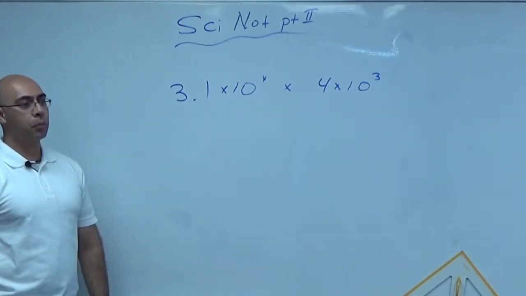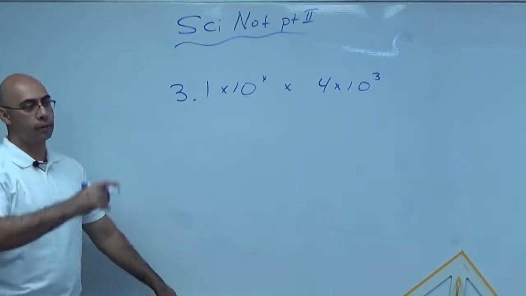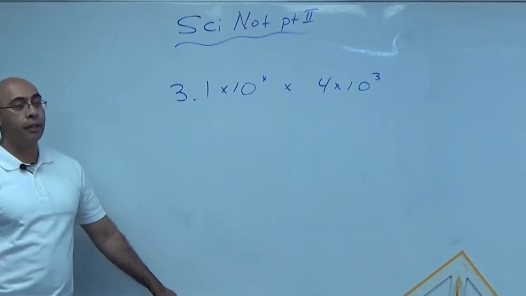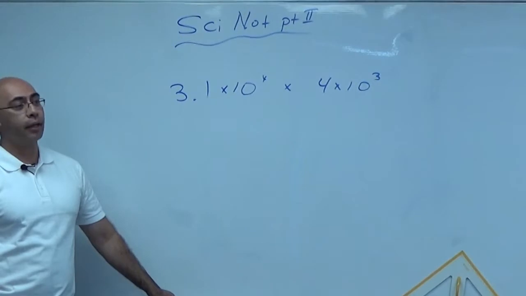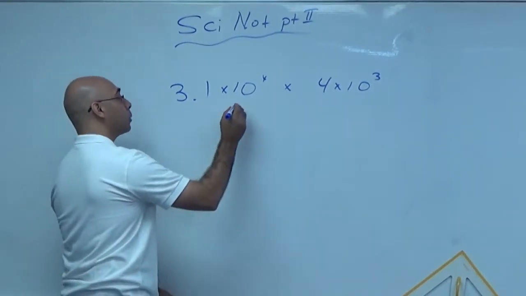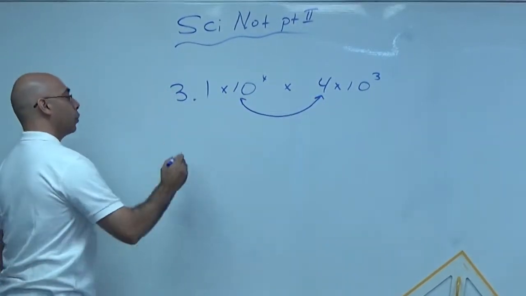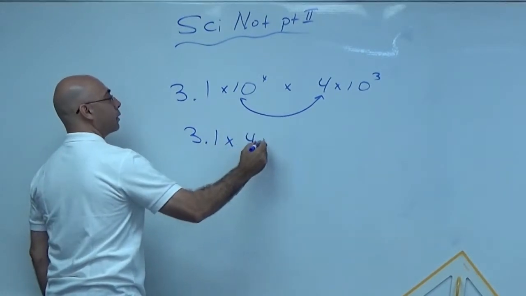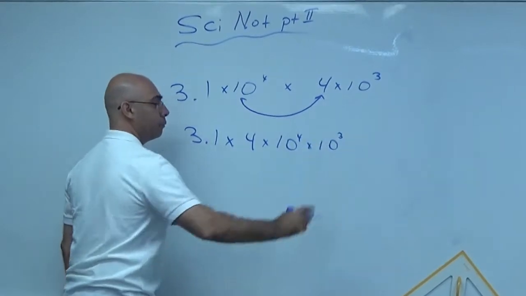When it comes to multiplying and dividing, you can move it around in any order you want, and it's not going to matter because the answer is not going to change. So I'm going to switch these two terms right here. So it'll become 3.1 times 4 times 10 to the 4th power times 10 to the 3rd power.